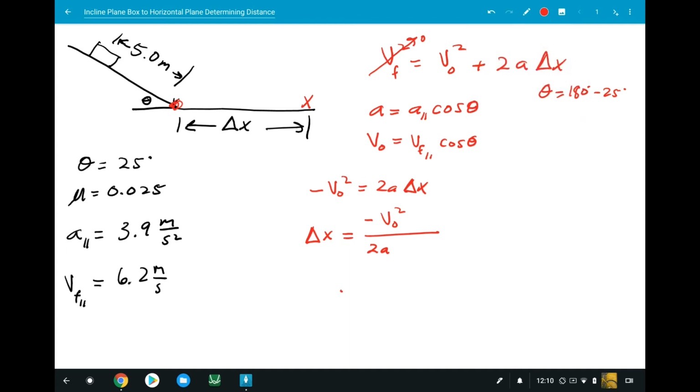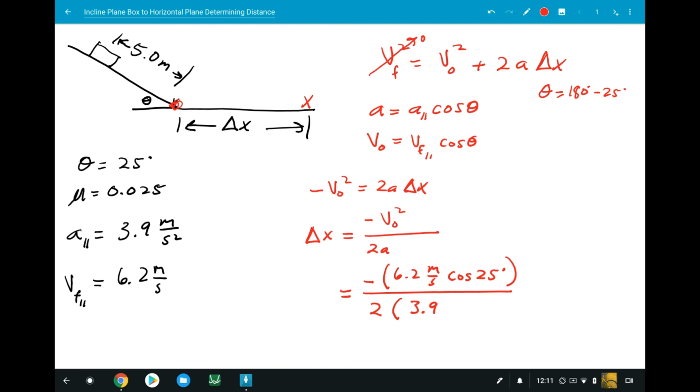Well, let's put in our values. Negative, make sure you put parentheses, because this negative is going to be a whole different thing here. So I'm going to put 6.2 meters per second times cosine 25 degrees, and then I'm going to do 2 times 3.9.